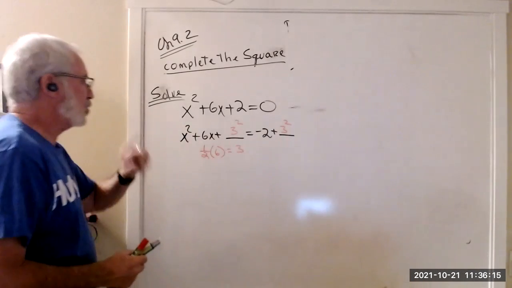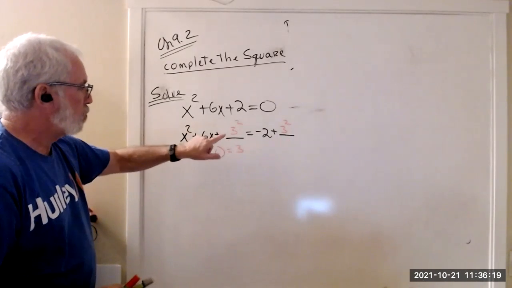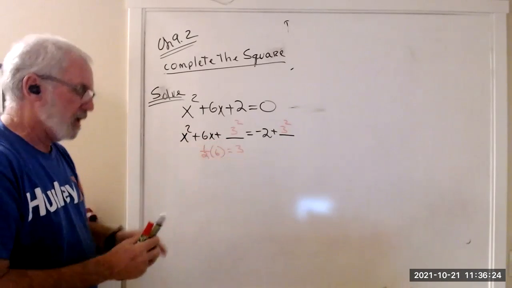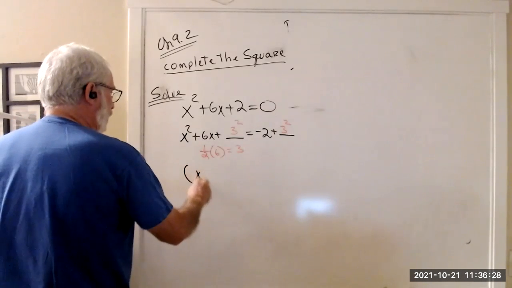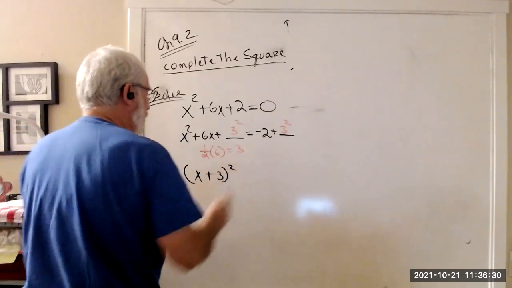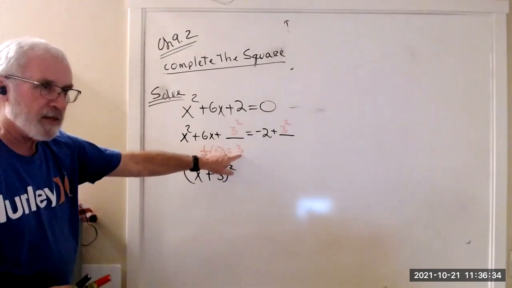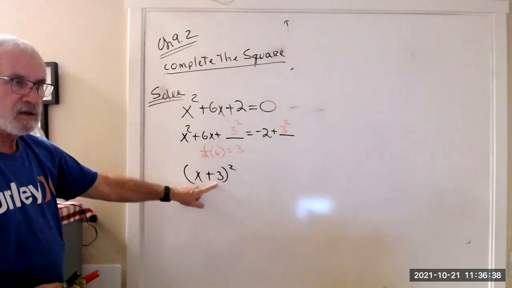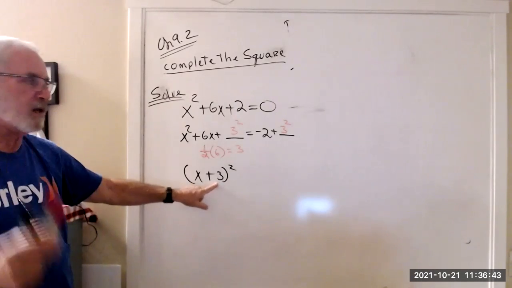It turns out that if you do this half of 6 equals 3 bit, this side will automatically factor into x plus 3 quantity squared. That 3 and that 3 are the same. You don't even have to think. You don't have to do AC. You don't have to do anything.